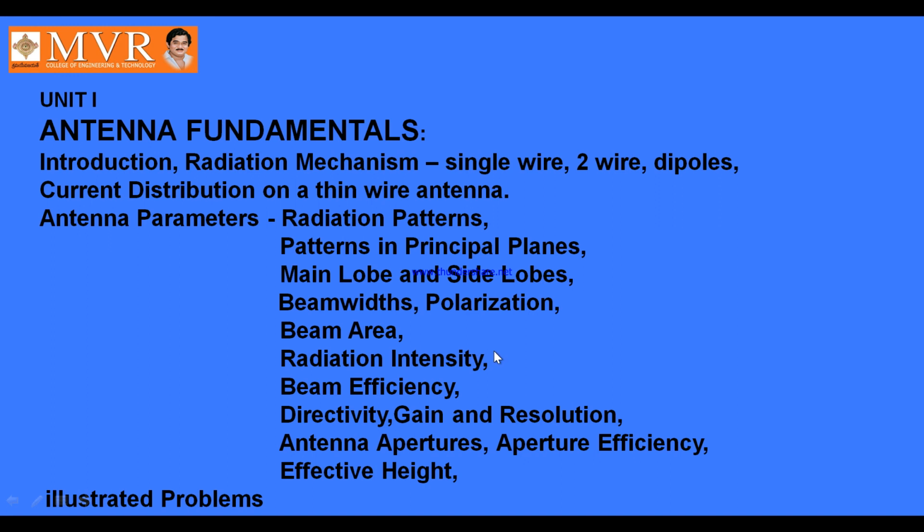In the next class, we will look into the current distribution of a thin wire antenna. We will do some problems, radiation patterns in principal planes, main lobe and side lobes, and beam width. By studying these parameters in parallel, we can also practice some problems.